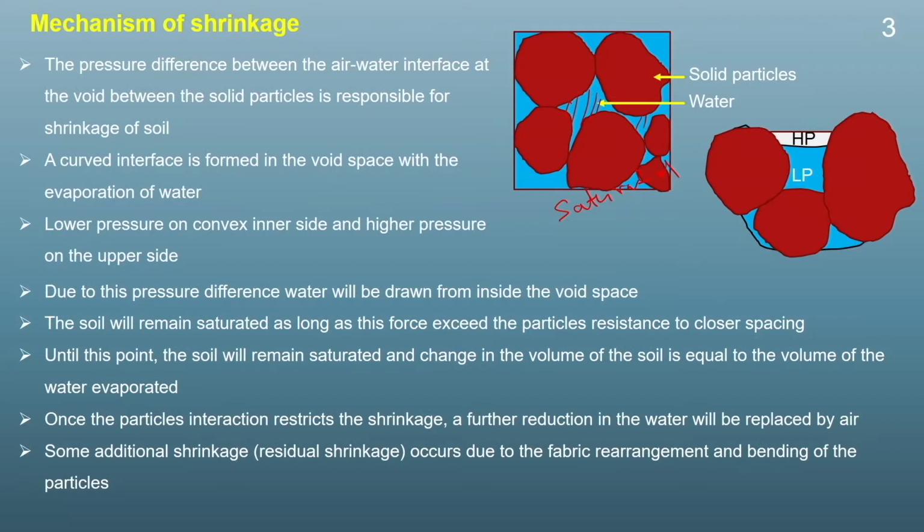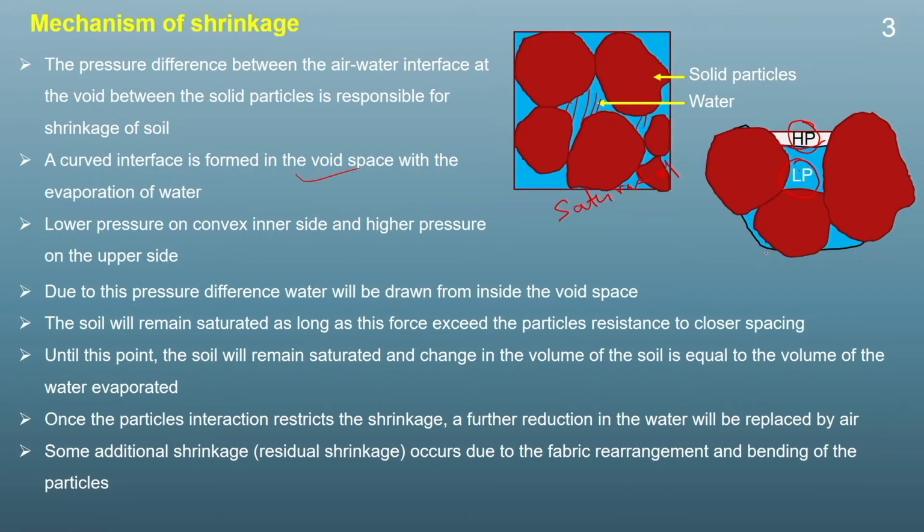When we dry the soil sample, the capillary forces initiate the shrinkage process. When we take a soil sample, a curved interface is formed between the void space and the water, and a low pressure will be generated at the lower end of this curvature, whereas a high pressure will be developed at the upper portion.